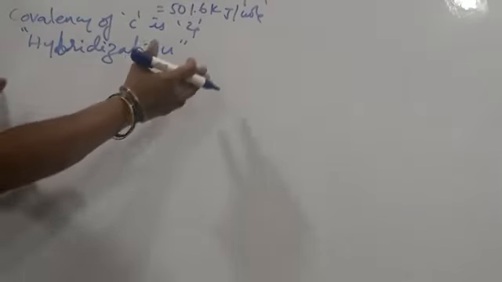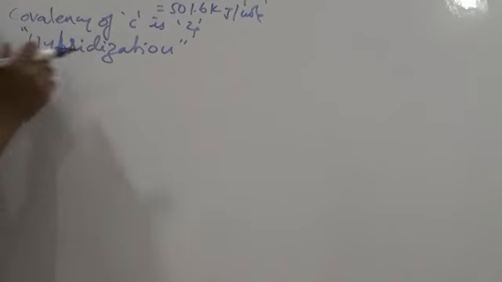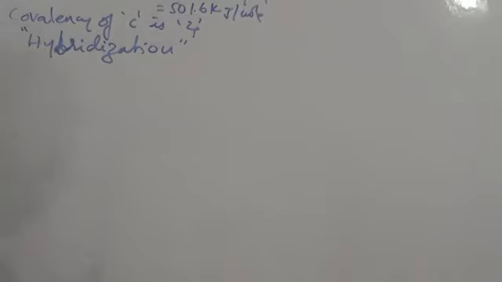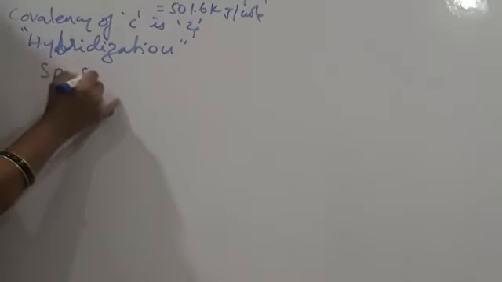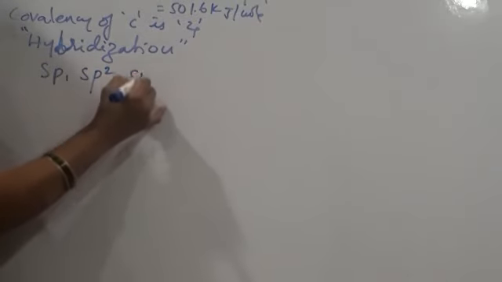So, in carbon compounds, s and p orbitals undergo intermixing. In organic compounds, carbon compounds, we observe 3 types of hybridization: sp, sp2 and sp3 hybridization.